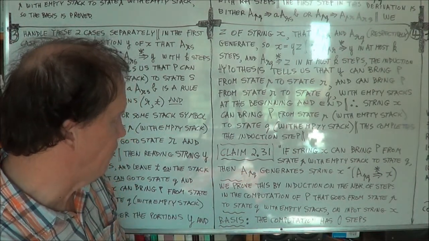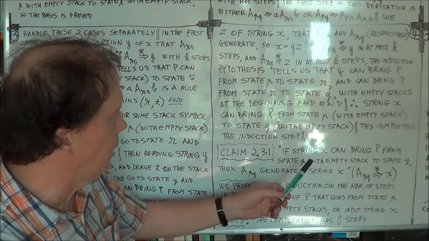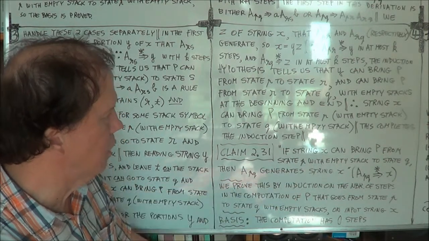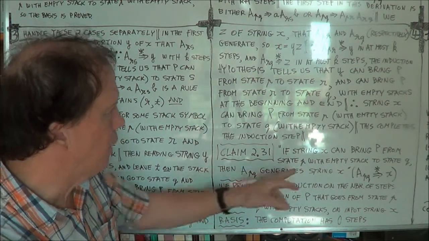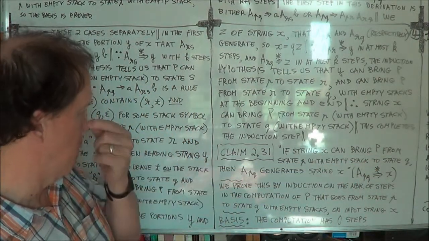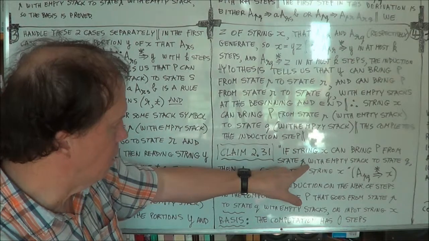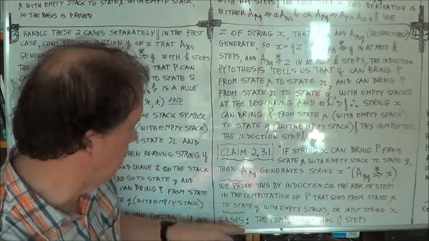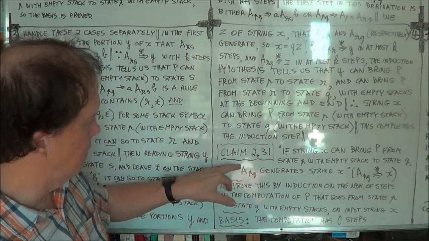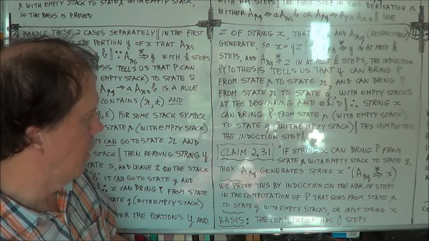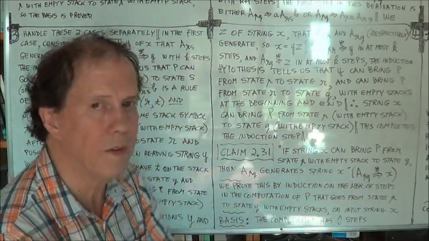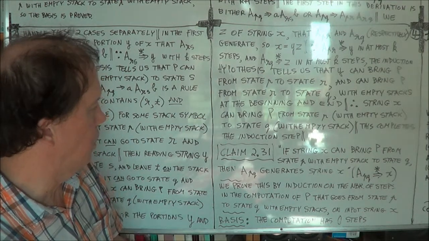You've got the string X. If that string can take your PDA from state little p with an empty stack to state little q with an empty stack, then this variable will generate that string X. So we're going the other way.